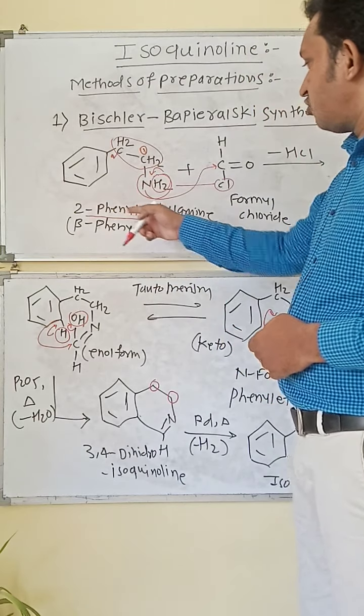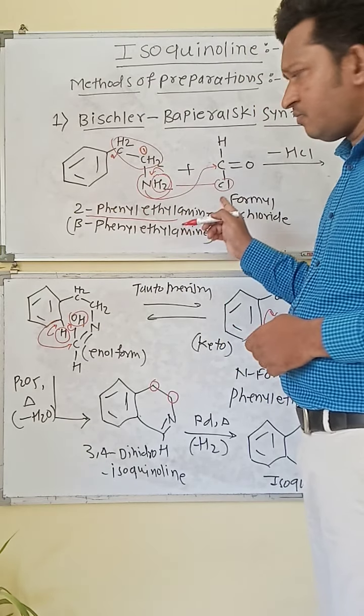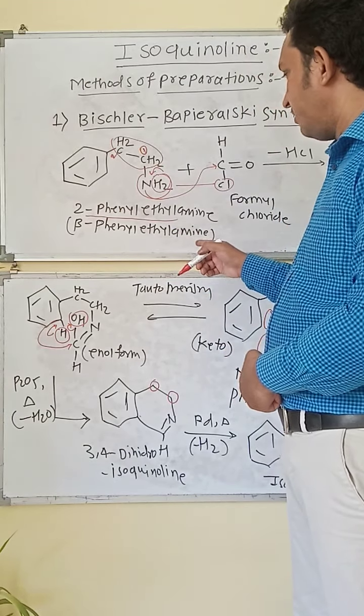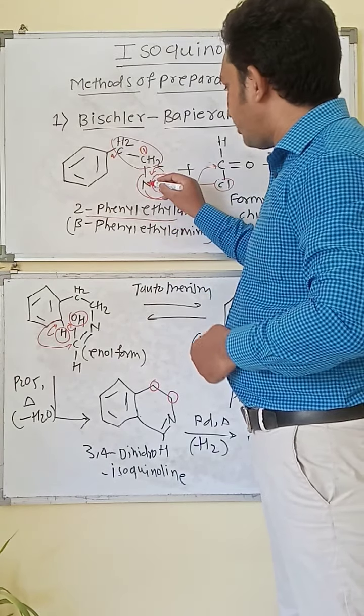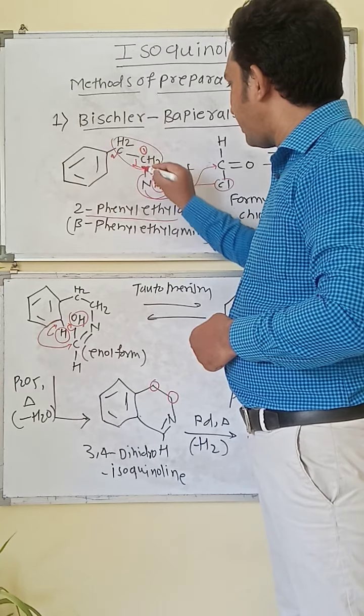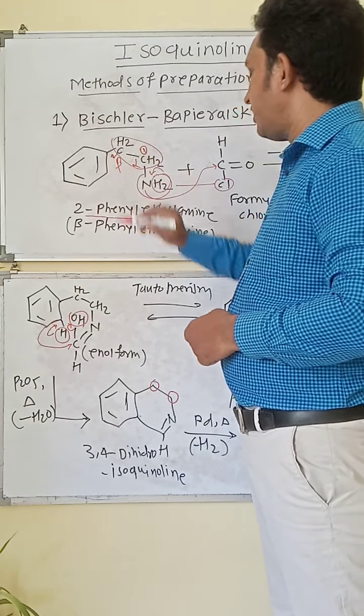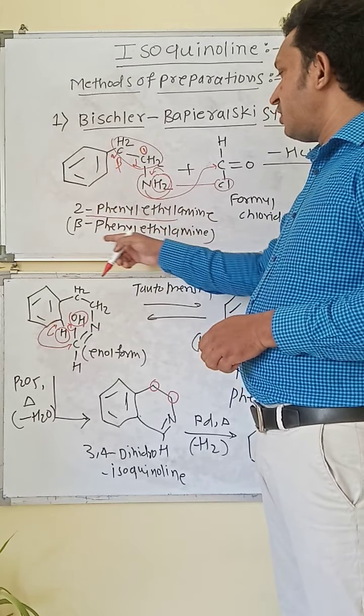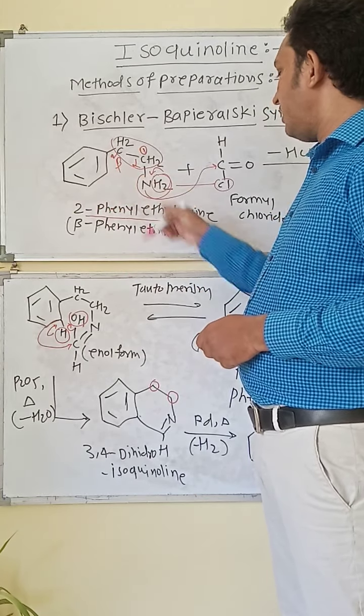So it is called 2-phenylethylamine. The common name is beta phenylethylamine, because the carbon attached to the nitrogen is the alpha carbon, and this is the beta carbon, the second one. Beta carbon substitution by the phenyl group, so it is called beta phenylethylamine.